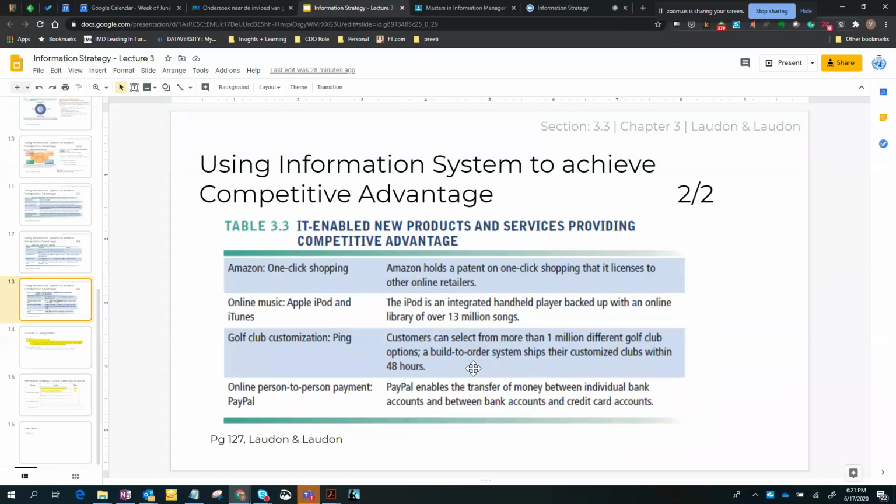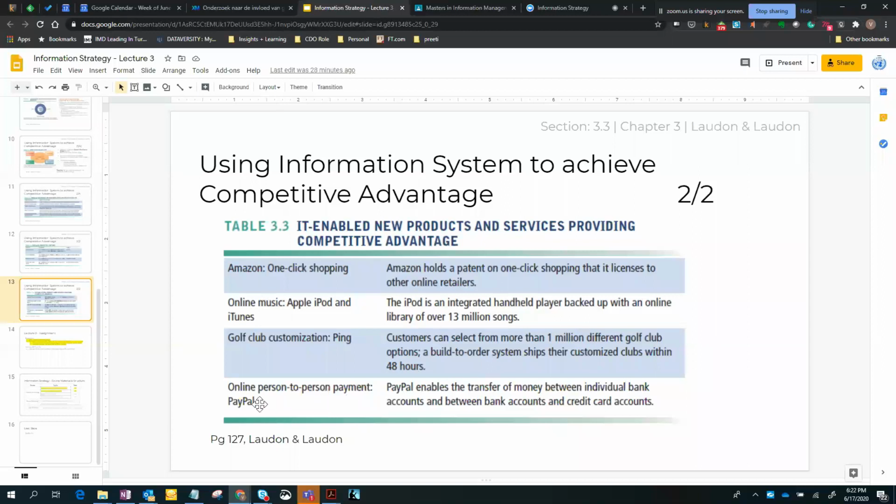Golf is played with a stick, which is called the golf club, and of course a lot of different situations demand a different kind of stick. So they built this library of 1 million different golf clubs, and you can now build to order. You can customize your clubs and order that. And this is only possible because of information technology.